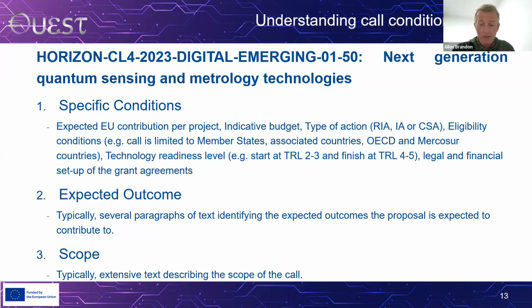Buried in this very thick work program with Lord knows how many different calls, there was this particular call with this particular identifier, Horizon Cluster 4 2023 Digital Emerging 01050. That was the call identifier. And it had the title Next Generation Quantum Sensing Metrology Technologies. I picked this one somewhat randomly, but also because the Quest project is in essence dealing with quantum technology. So I thought there's some degree of overlap.